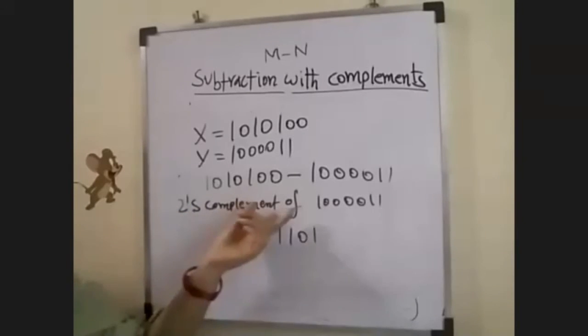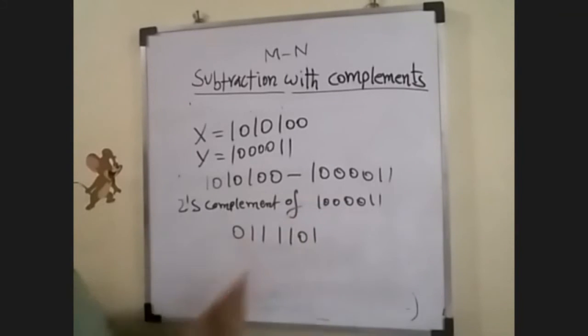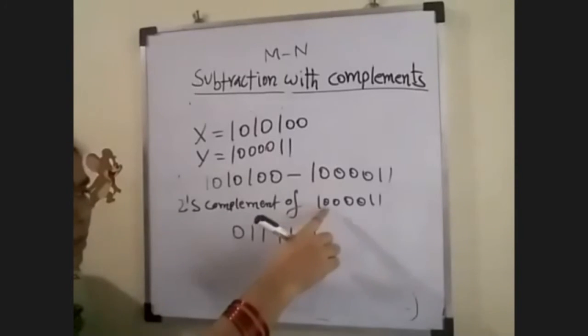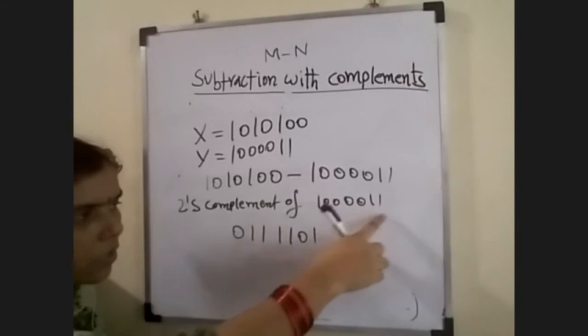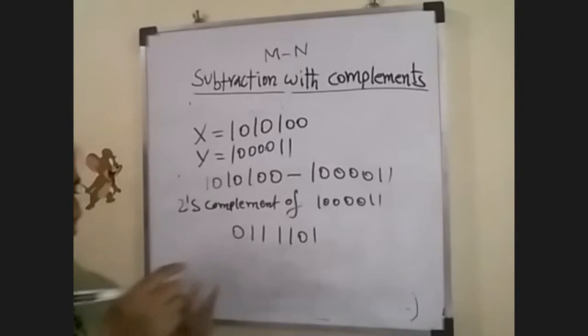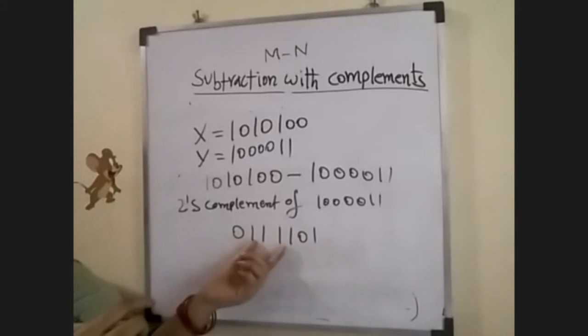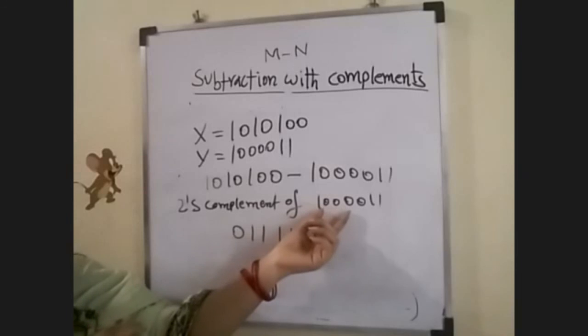So 2's complement is nothing but 1's complement plus 1, as we already discussed in the previous class. The 1's complement of this number is 0111100. For that you add plus 1, and you get the value 0111101. So this is the 2's complement of this number.